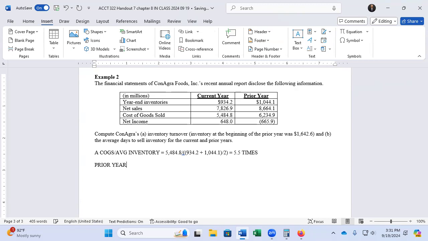Prior year, 6234.9 divided by 1044.1 plus, and it says the beginning of the prior year inventory was 1642.